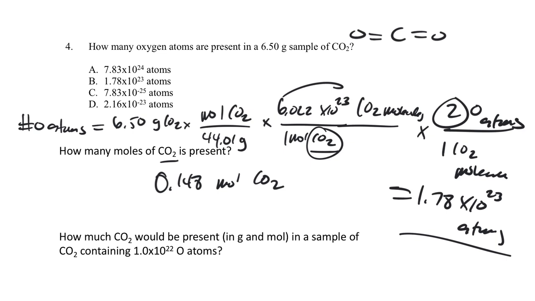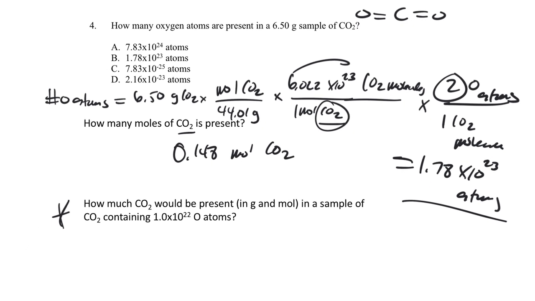We can even ask a question like this one here, like how many CO2 molecules would be present, in grams and in moles, in a sample of CO2 that contained 1.0 times 10 to the 22 oxygen atoms. So if we just tell you that a given sample of the molecule of CO2 happens to contain this many O atoms, then we can go the other direction through the dimensional analysis sequence. So let's calculate the number of moles first, and we'll convert that to grams second.